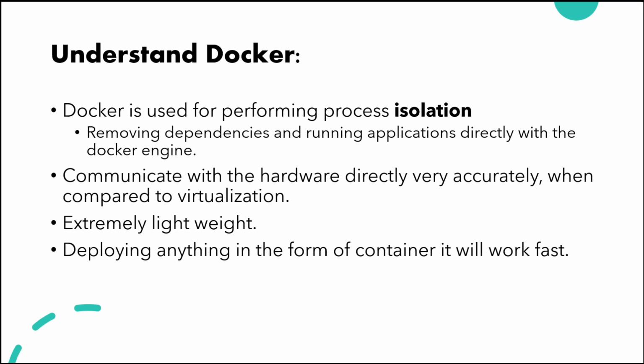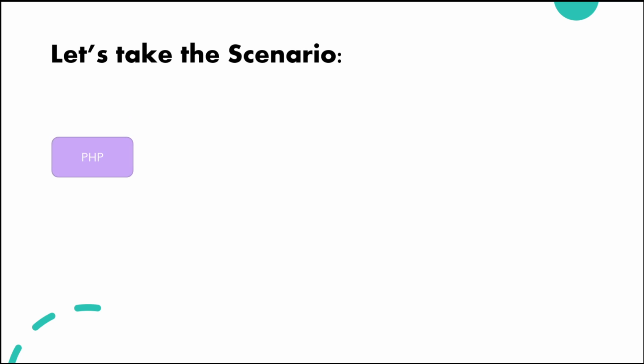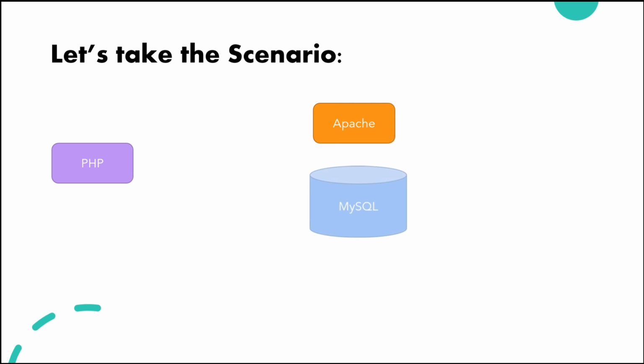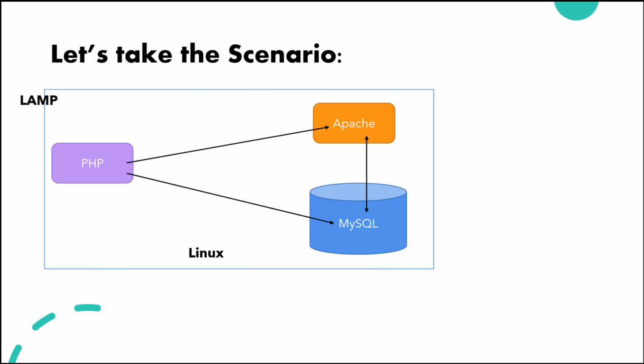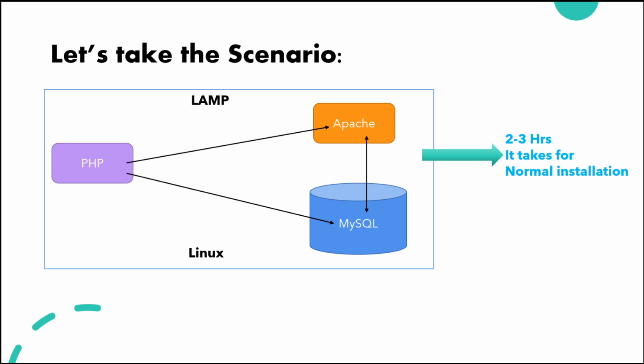Let me explain a scenario. We have PHP, Apache and MySQL. Combining these three things on Linux, you call it a LAMP stack. If you wanted to set up this LAMP stack on virtualization, it takes hardly 2 to 3 hours for a normal installation on a physical machine, and it may be the same for virtualization.